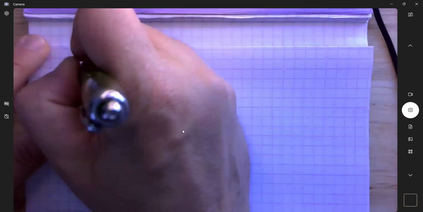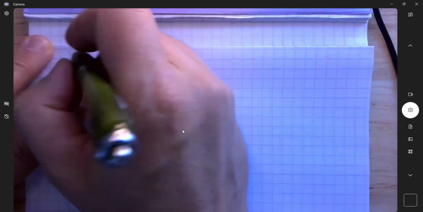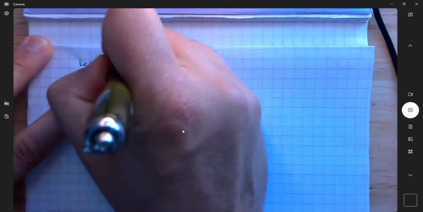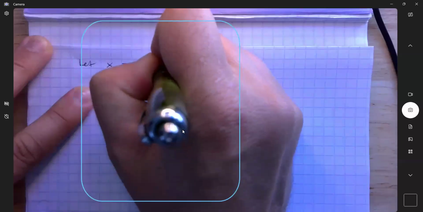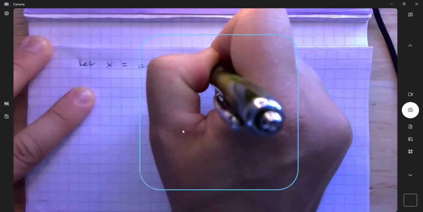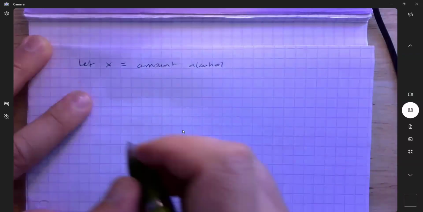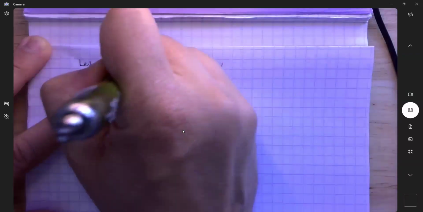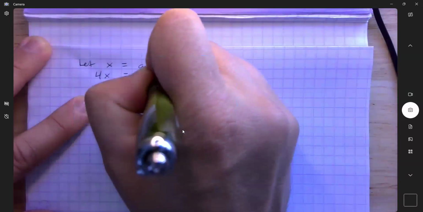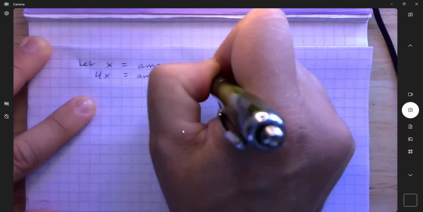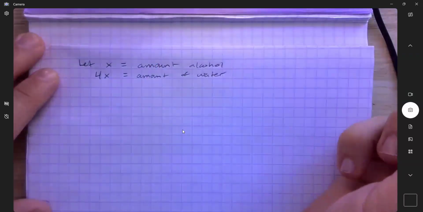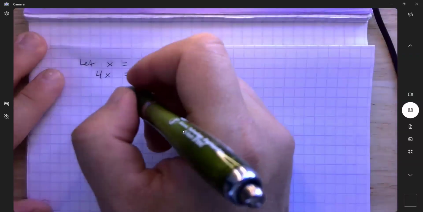So we've got two pieces of information. We're going to let X equal the amount of alcohol. And we know that there's 4 times as much water as alcohol. So 4X is going to be the amount of water. And we know that there's 150 milliliters total.